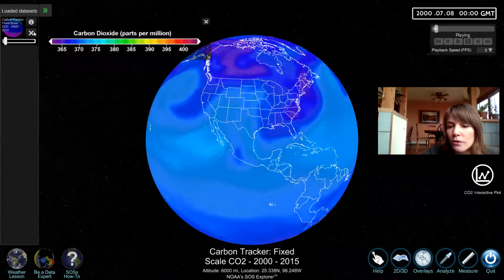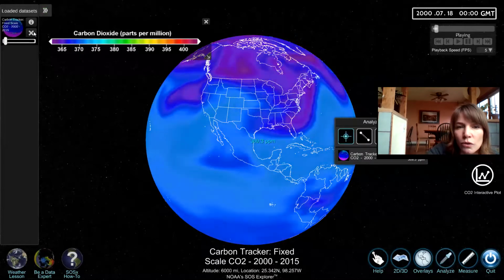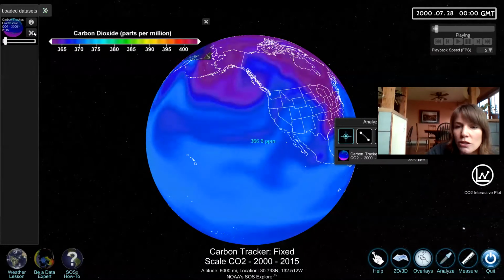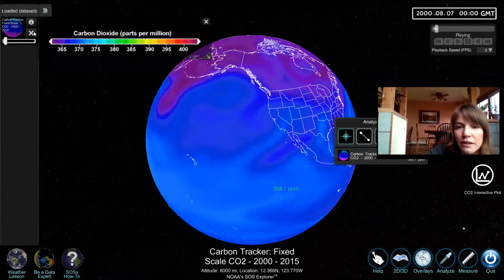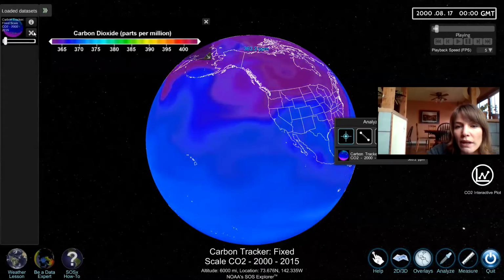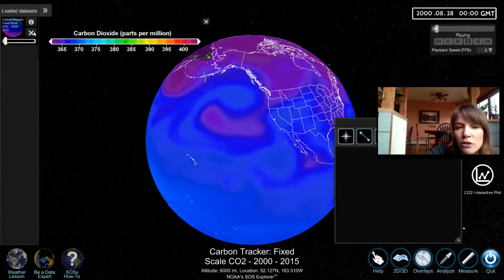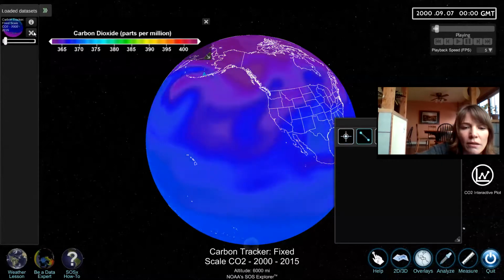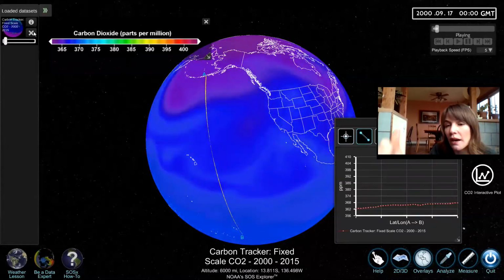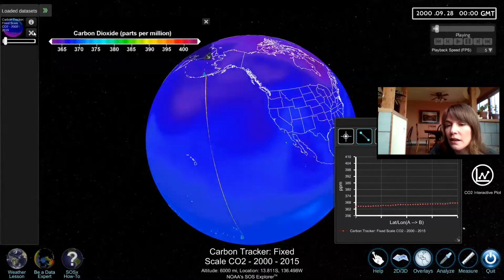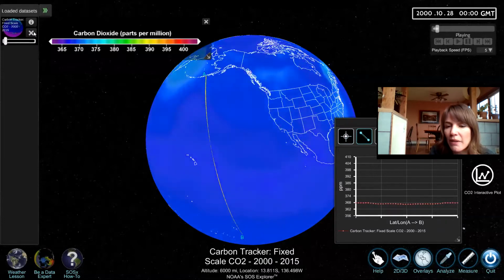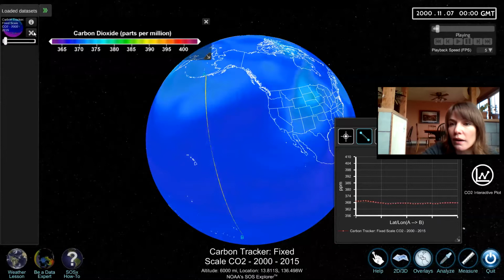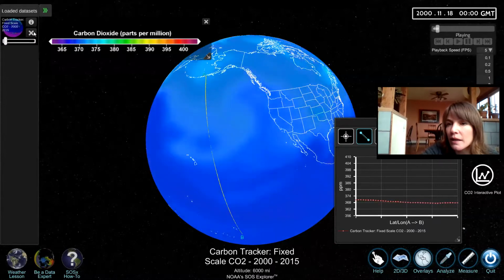And what I wanted to show you is this really cool thing you can do, which is draw, essentially, you can look at different probing points of data, but you can also draw a transect all the way down a longitude line to get a graph of carbon dioxide. So what's cool about this is that as we go on, I'm going to speed this up by selecting the playback speed.